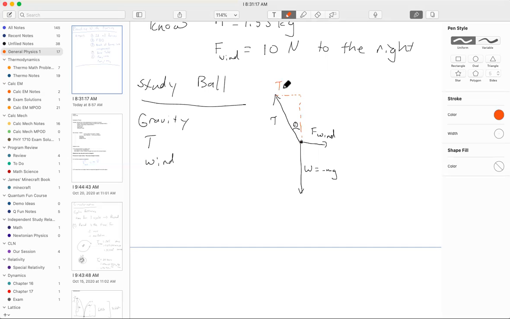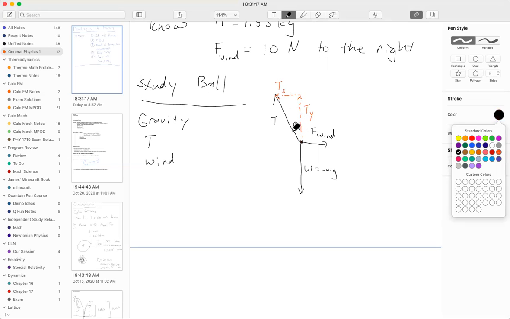This will be Tx, and this will be Ty. And notice Ty is going up because it's positive, and Tx should be to the left, should be negative, because the rope pulls the ball back to the left.